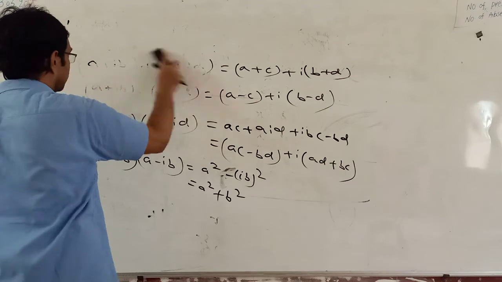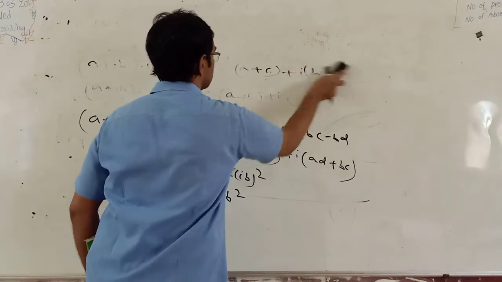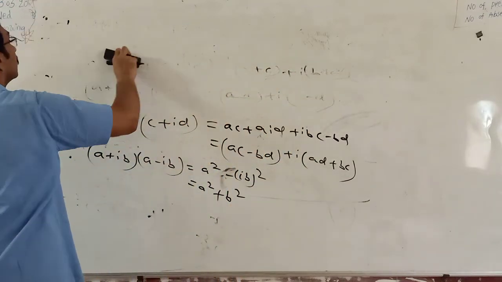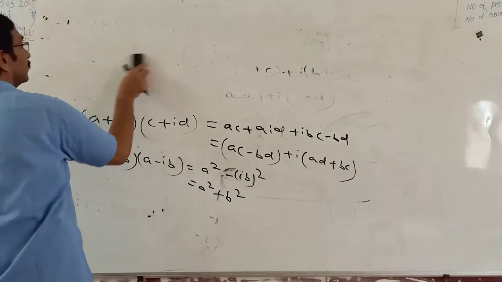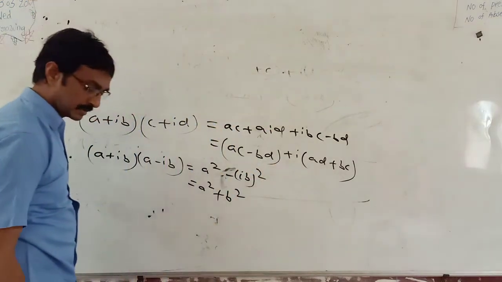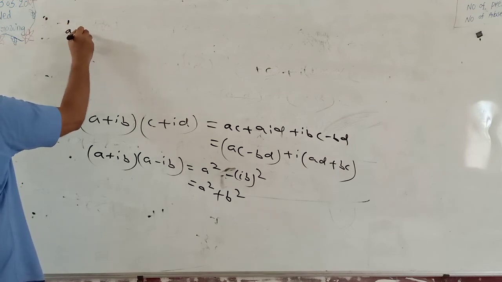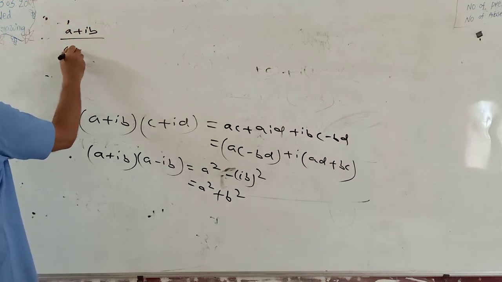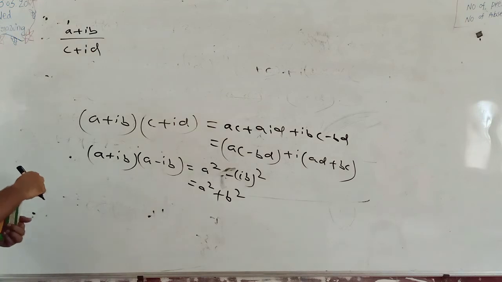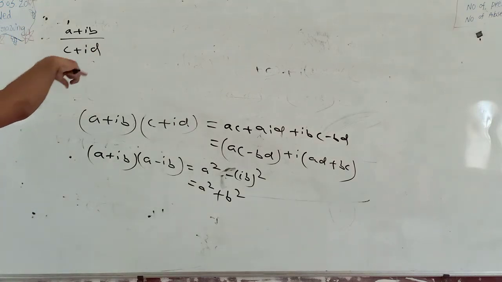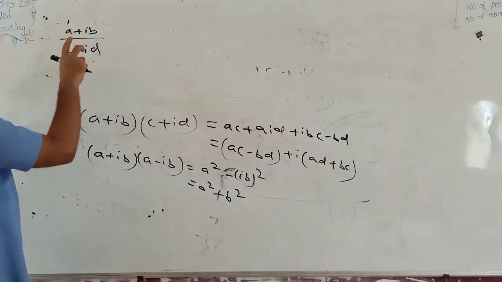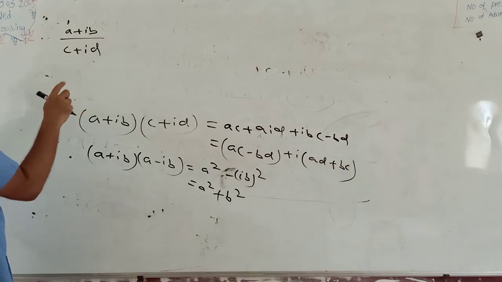See, next to the product, division of two complex numbers. (a + ib) by (c + id). This is not a complex number in the form of a + ib.